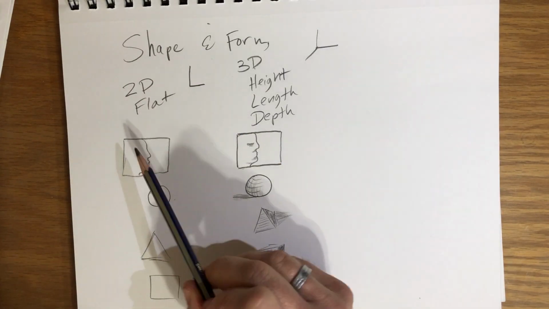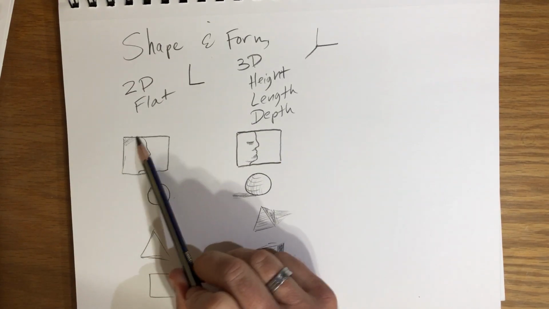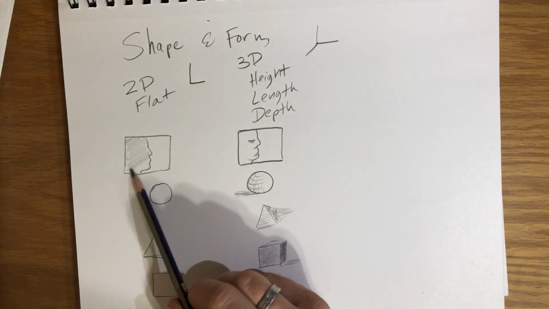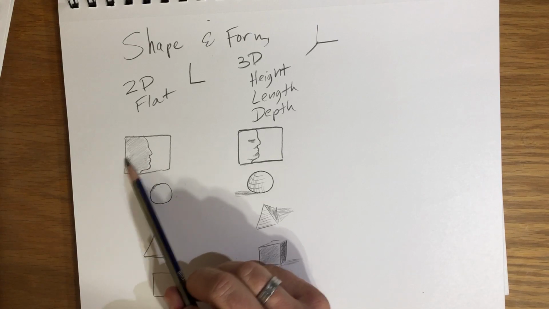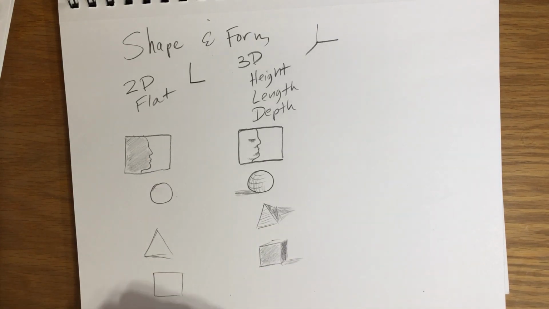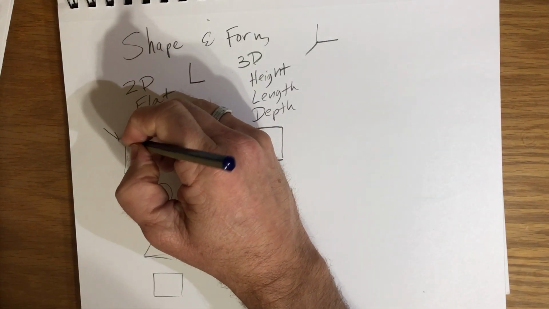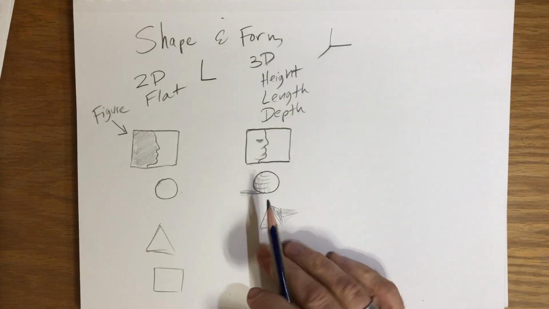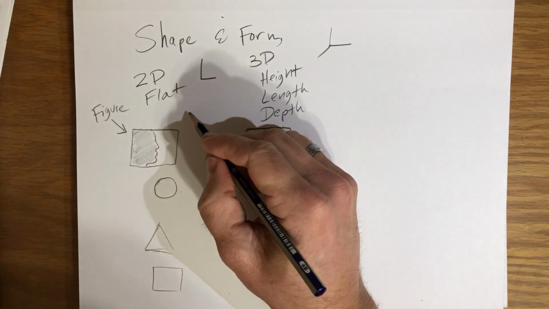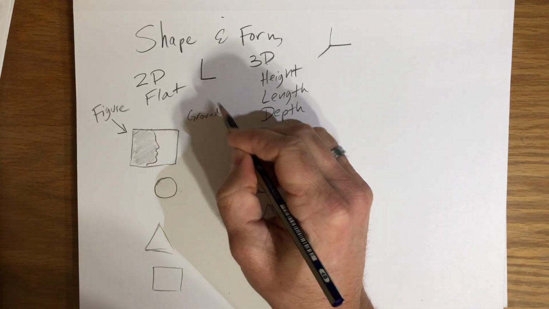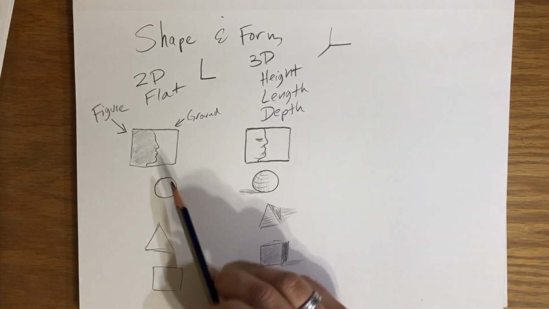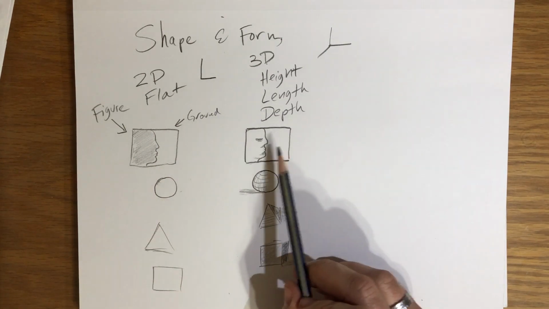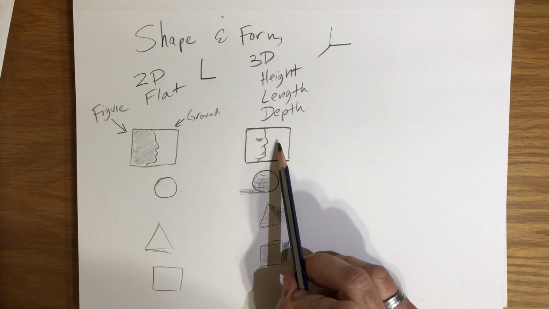So, for example, say that this flat two-dimensional shape is the figure, then what would be the ground? This space. The area surrounding the figure. I also sometimes say the background. So this is the figure, and that's the ground.